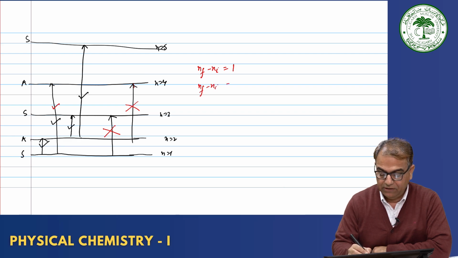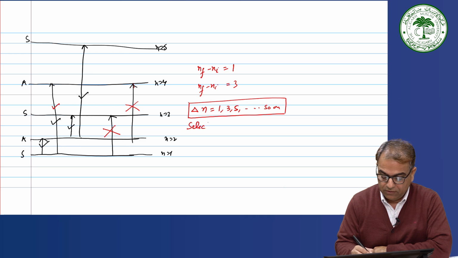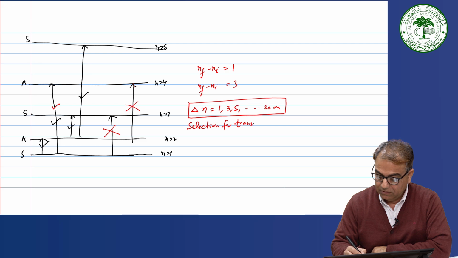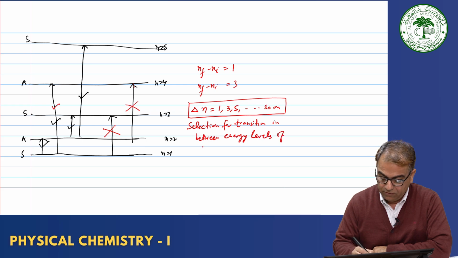4 minus 1 is 3. We say that transition will take place only when delta N is 1, 3, 5 and so on, and this is what is called the selection rule for transition in between energy levels of a one-dimensional box.